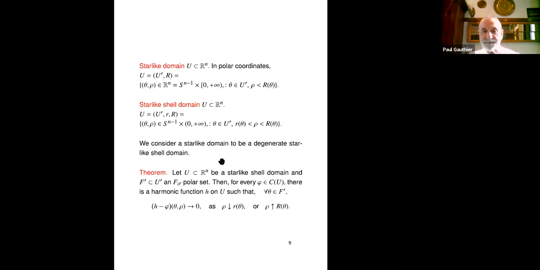And then we have a similar theorem here, that if U is a star-like domain in Rn, or a shell domain, and F prime is in the sphere, and it's a polar set, then for every continuous function on this shell, there's a harmonic function on the shell domain, which has radial limits on this parameter set, the same as the initial continuous function as you approach either the inner surface or the outer surface. You can prescribe the limits along the rays.